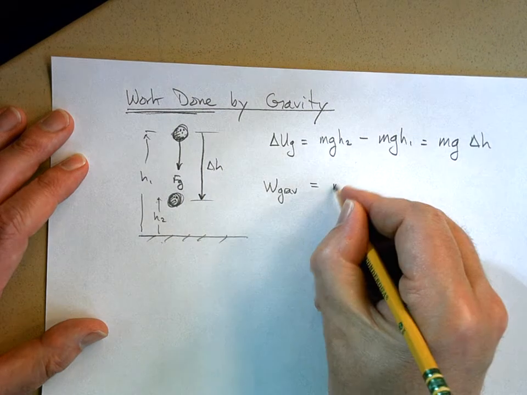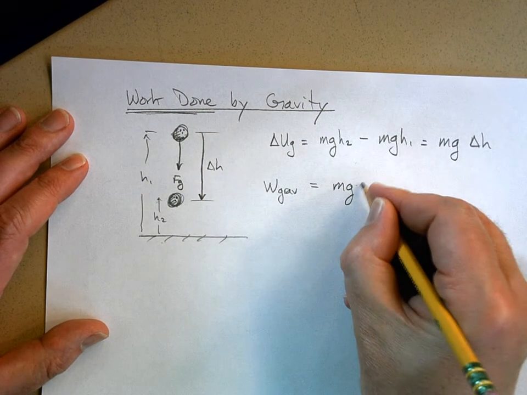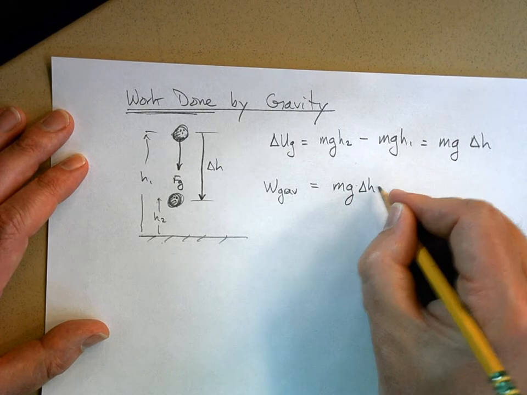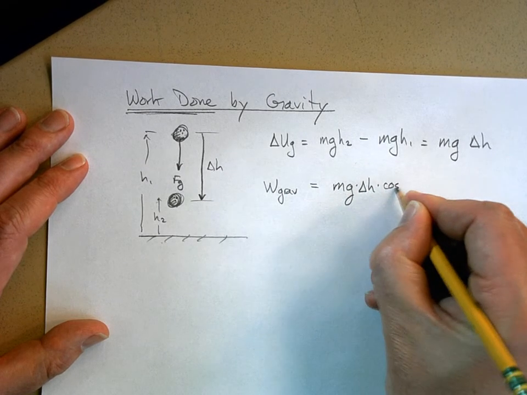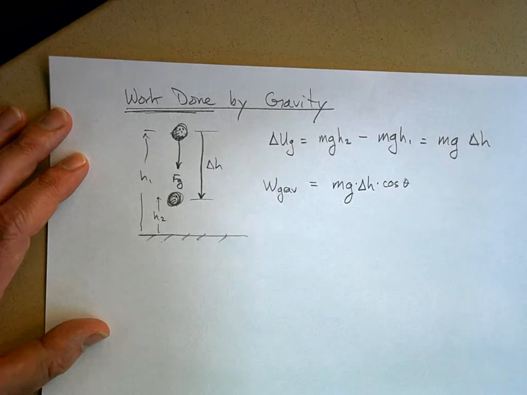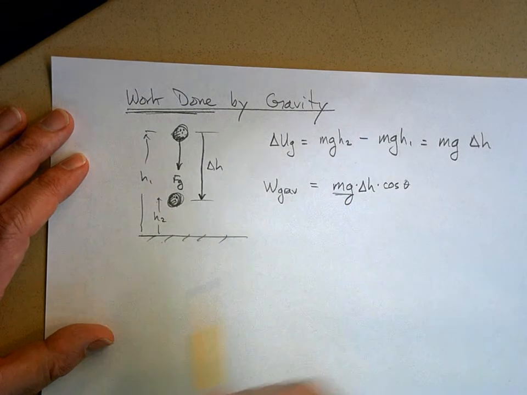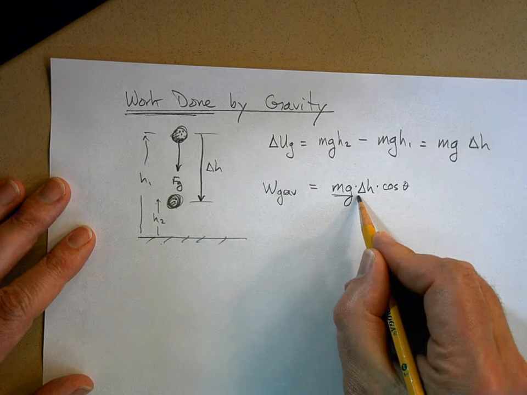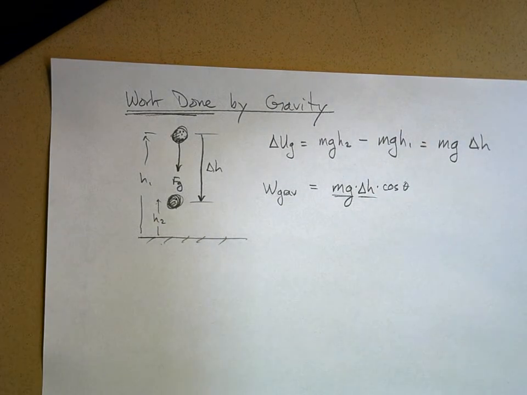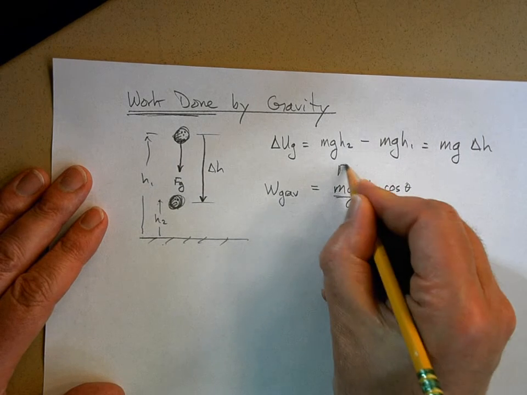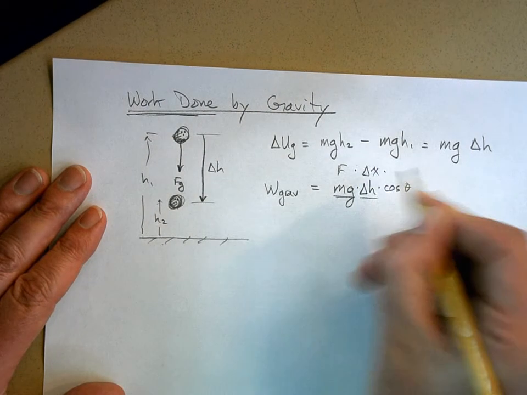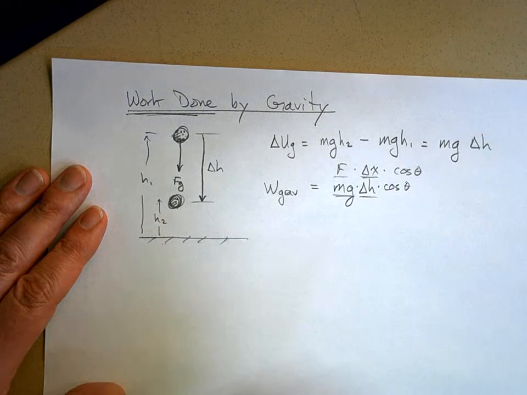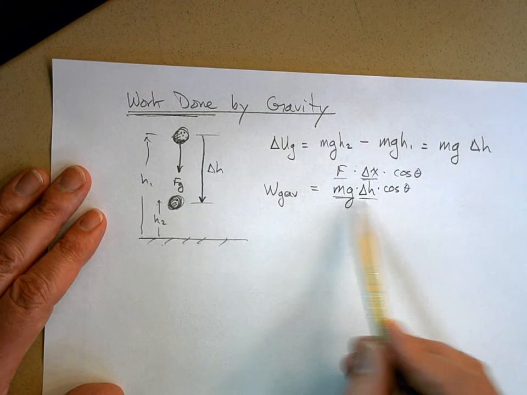So this is mg times delta H times the cosine of the angle between them. But this right here is the magnitude of the force of gravity. We don't put the negative there. The delta H, that's the magnitude of my change in position, right? Work is force times our change in position times the cosine of the angle. But this is the magnitude of this force, the magnitude of this. So this delta H here is not negative.